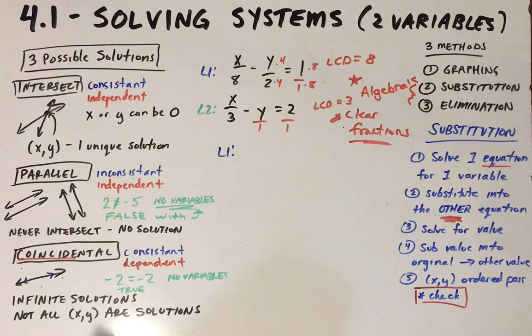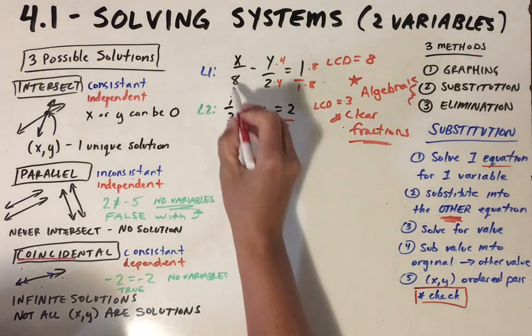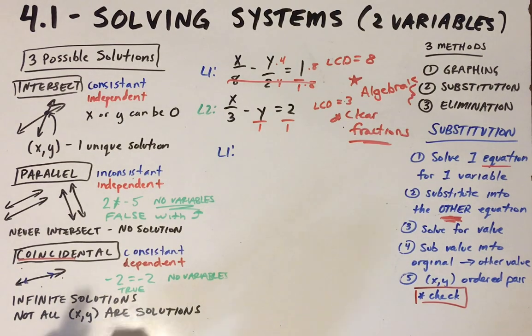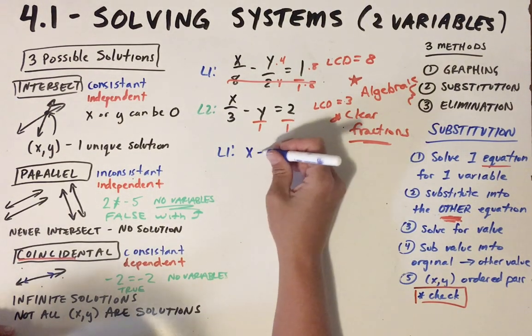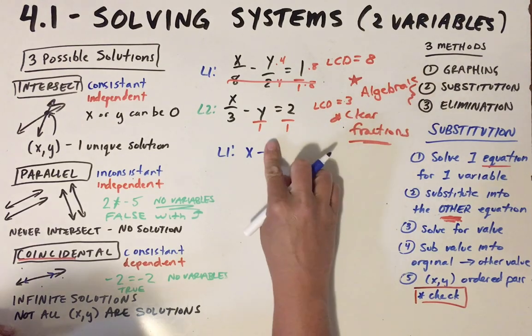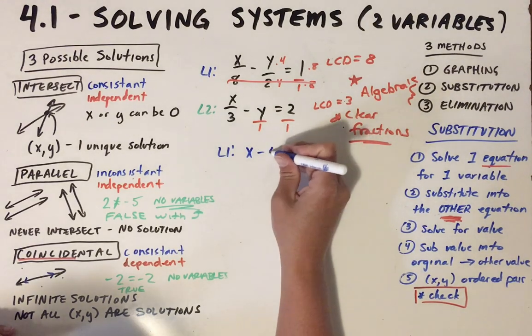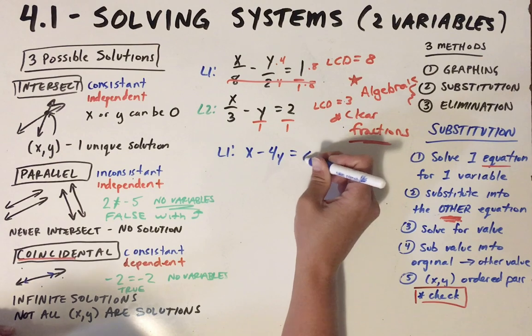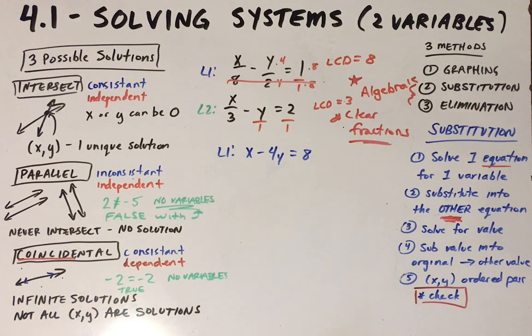If all the denominators are the same, then I can just wipe the denominators out. And the new line 1 is x minus 4y is equal to 8.